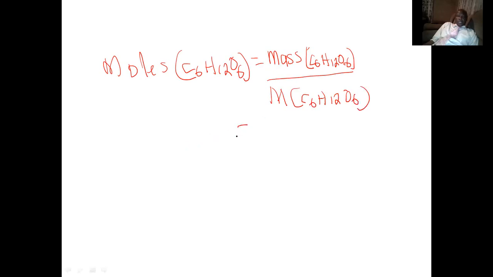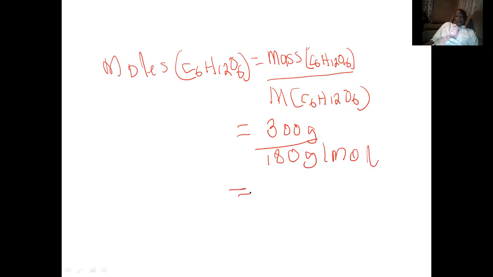Which gives us the mass, we are told it is 300 grams, divided by the molar mass. We got 180 grams per mole.